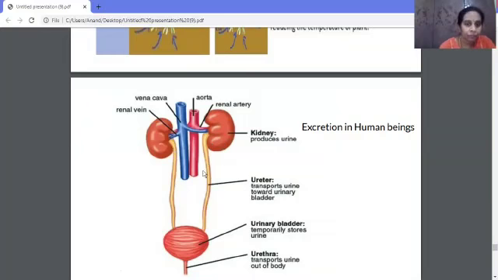Then both the ureters are connected to a sac-like structure called the urinary bladder. And at the opening side of the urinary bladder, there is a urethra. So the urinary bladder opens outside by the urethra.